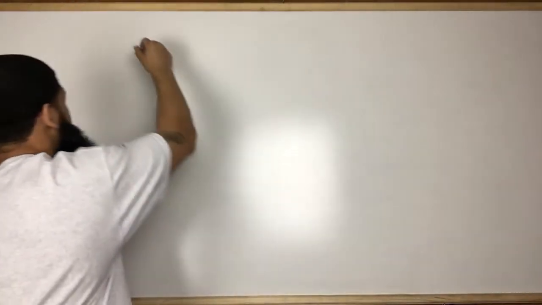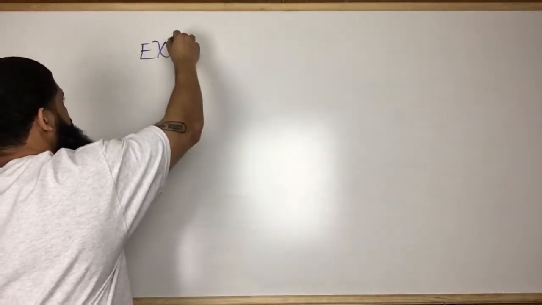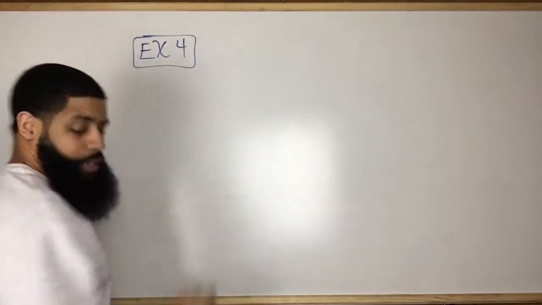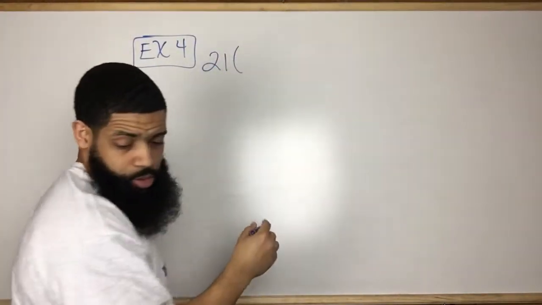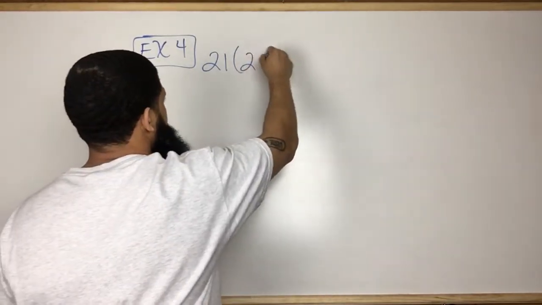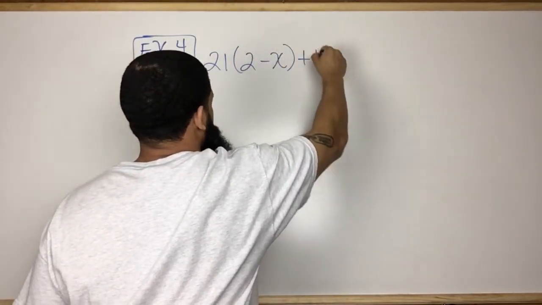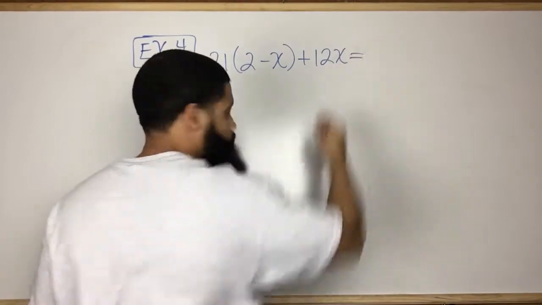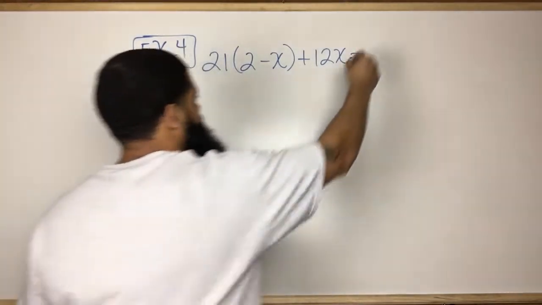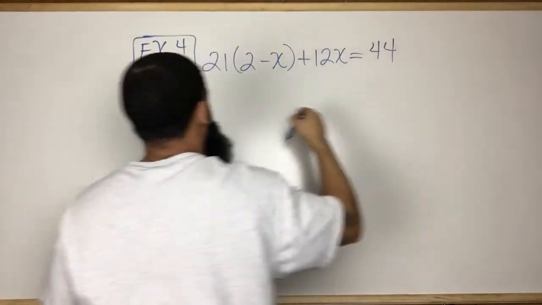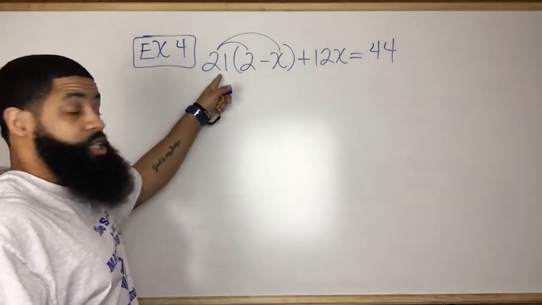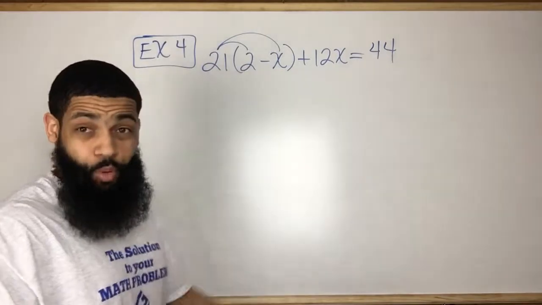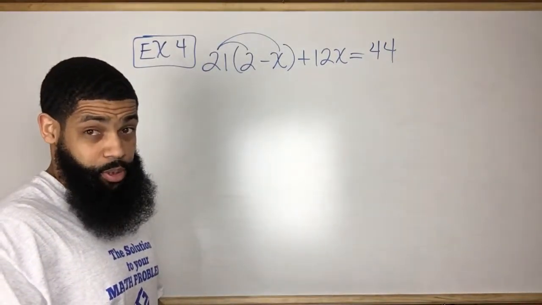Last one, I'm going to do example number 4. All right, 21 times 2 minus x plus 12x. And we want to say that that equals 44. Distributive property right there. Remember, if the number is right next to the parentheses, you use the distributive property, okay?